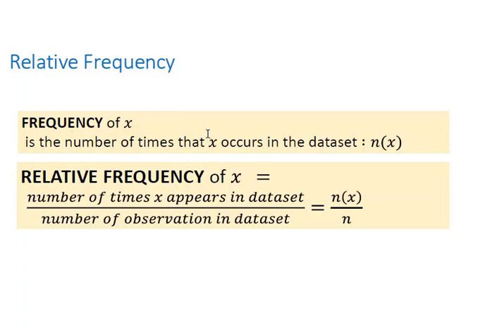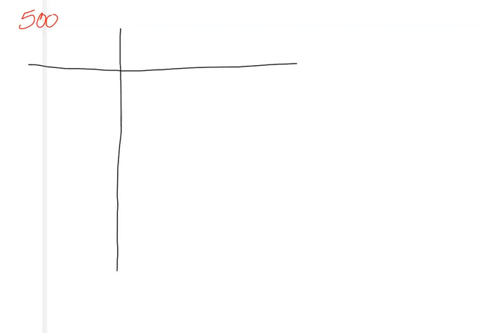So, for example, we have a group of people consisting of 500, and we have this frequency table for the variable gender: female, male.